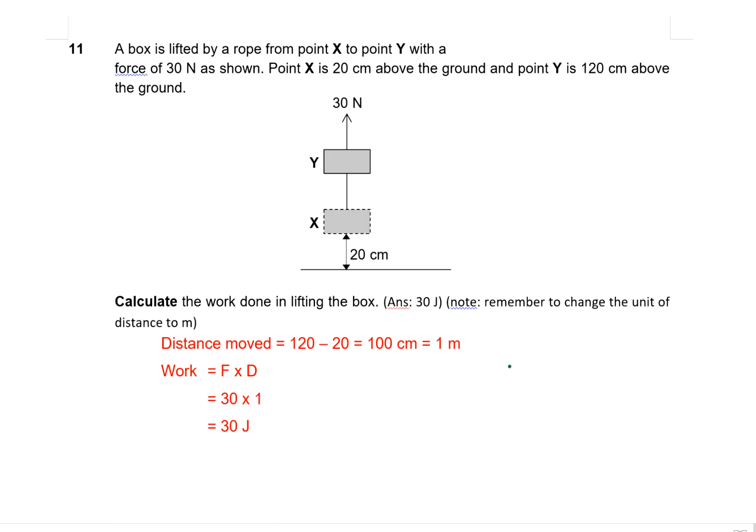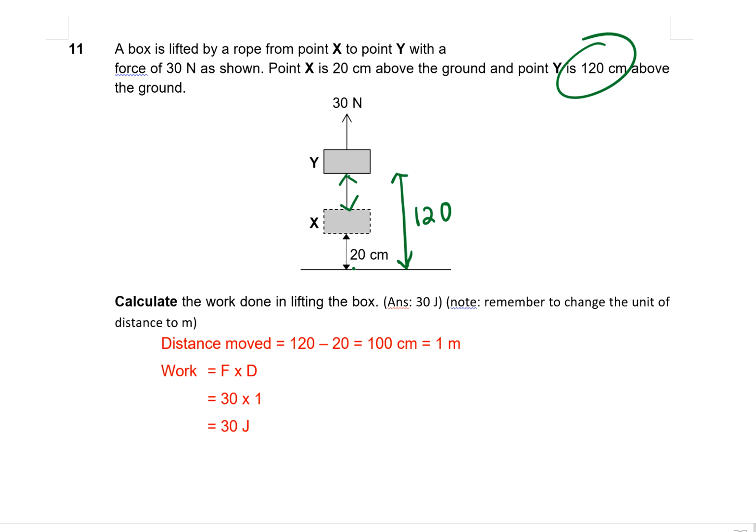Question 11. Now, for question 11, the original position of the box is 20 centimeters, and at y, the distance according to the question is 120. So then we ask ourselves, from x to y, what is this distance?